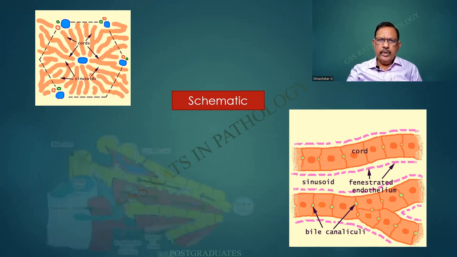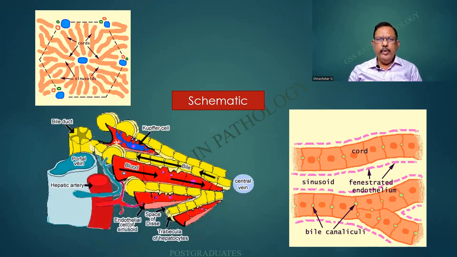If we have not understood it adequately, look at this beautifully restructured diagram that they had drawn. It is from the net, of course. So this is the portal triad over here, showing the artery, the vein, and the lymphatics. The yellow ones are the cords of the hepatocytes, and the red are the sinusoids. After all, sinusoid is blood.